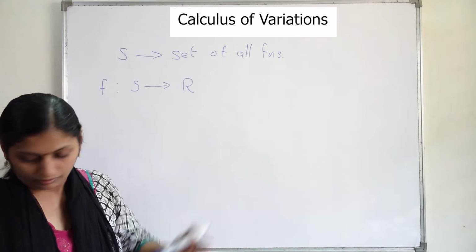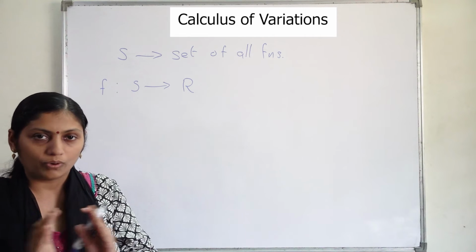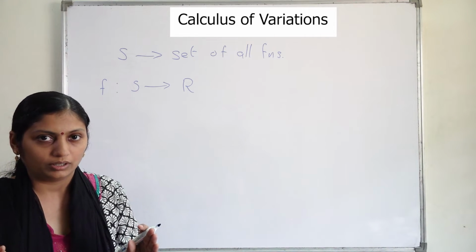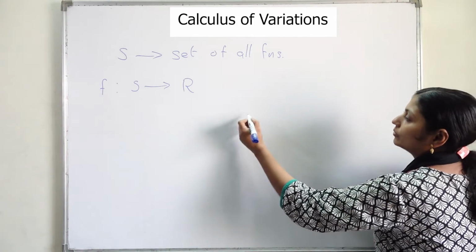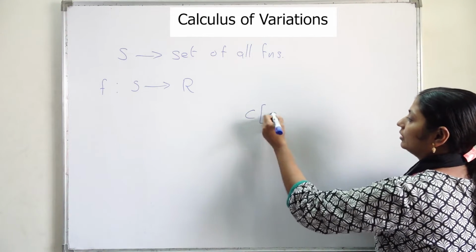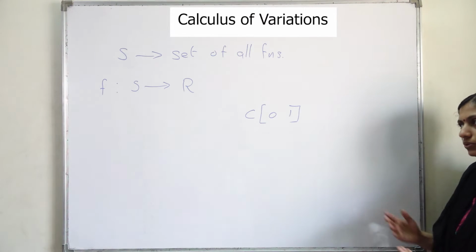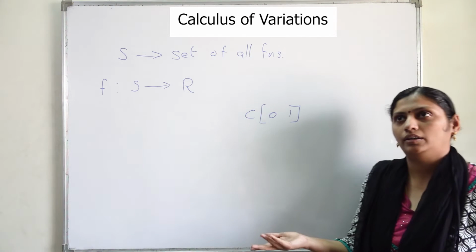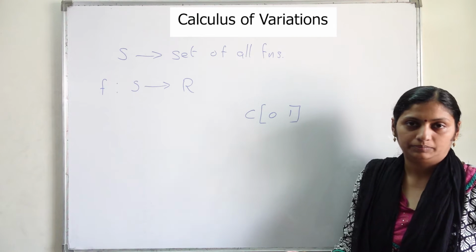I will explain it with an example. You consider the set of all functions which is defined in an interval 0, 1. Those functions can be anything, say sin x, polynomial function, e power x, it can be anything.